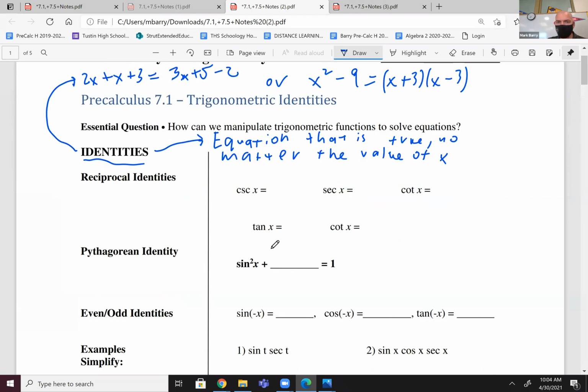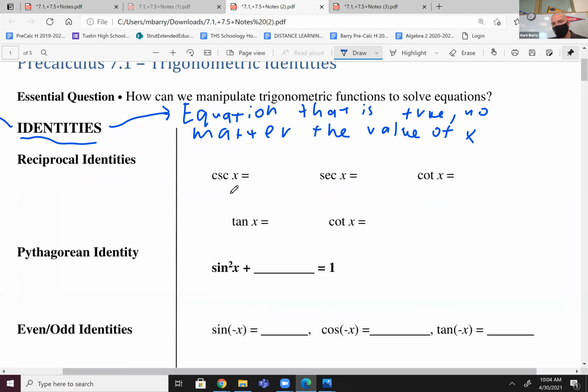And so let's get started here with our reciprocal identities. For our reciprocal identities, the first three I think are going to make sense to you. So cosecant of x is going to equal 1 over sine of x. That should be logical because we remember that cosecant is the reciprocal of sine, right?